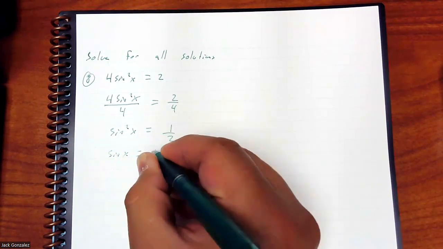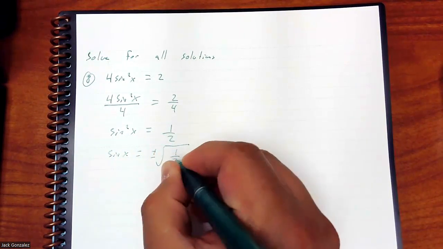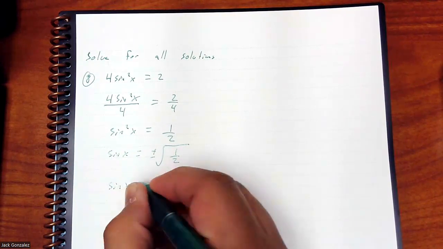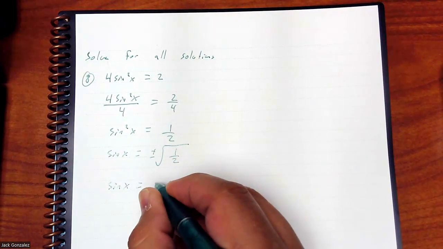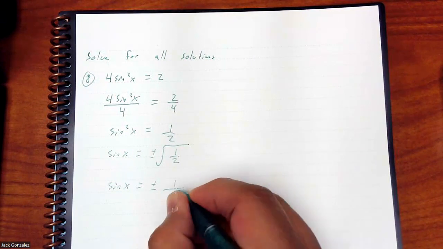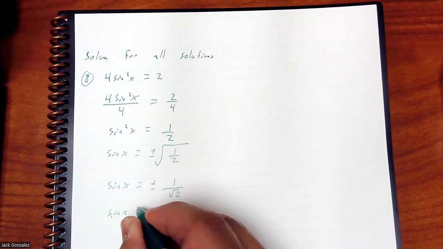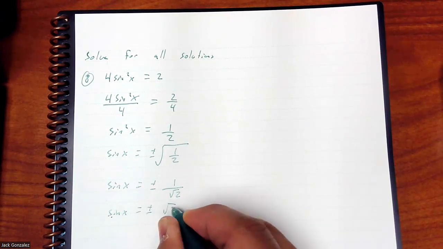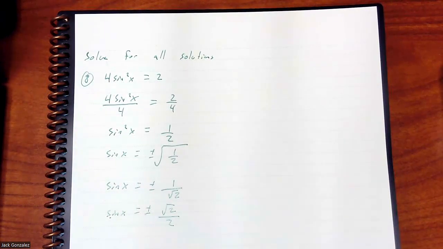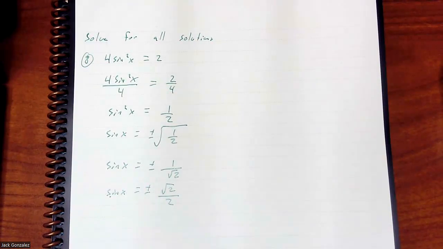You get plus or minus 1/2, which becomes plus or minus 1 over square root 2, which will be this guy. It's going to be the same as the other question because it's the same location.